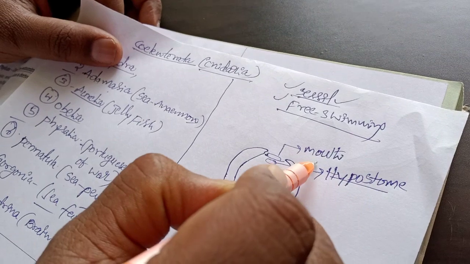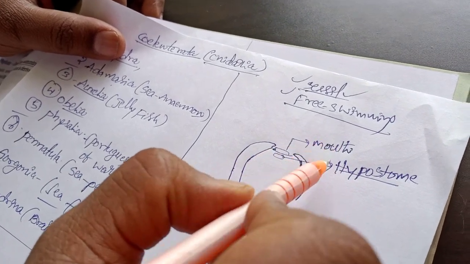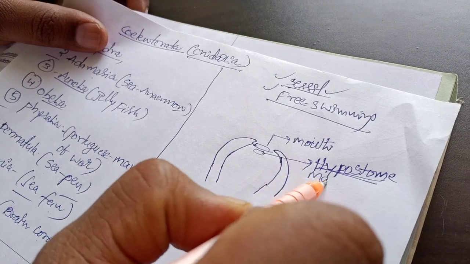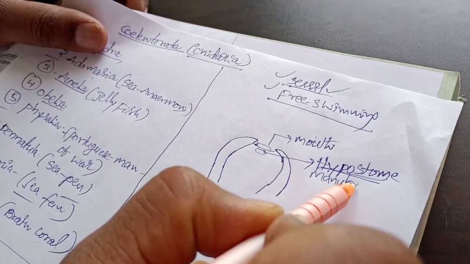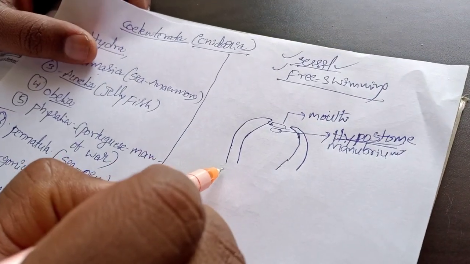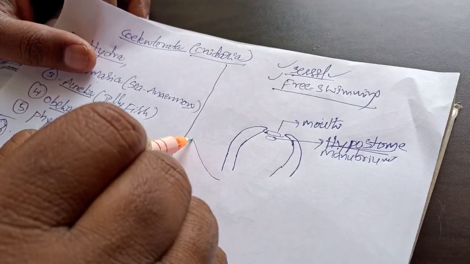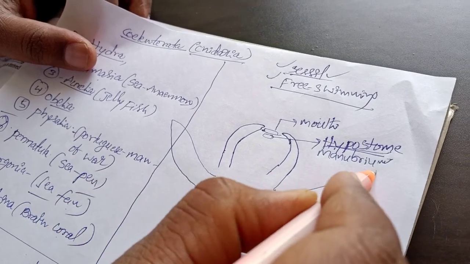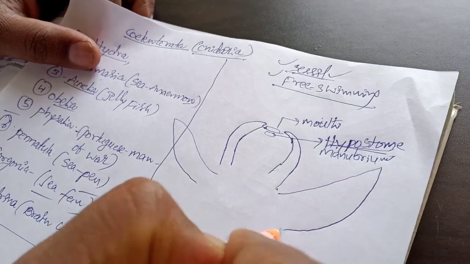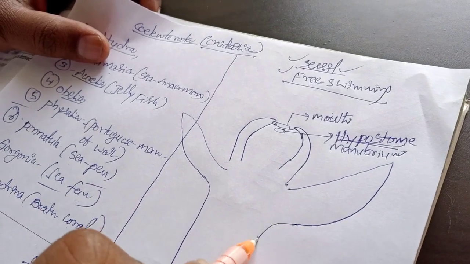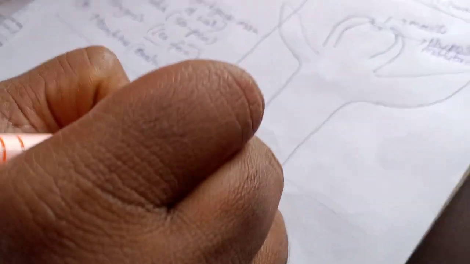That means the mouth is present on the hypostome. Another name is the manubrium. Next, if you are observing the lateral side, these are all called the tentacles. And this body appears like this. This one is the body.